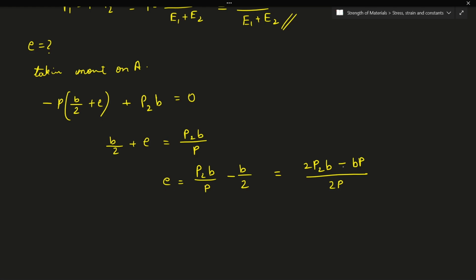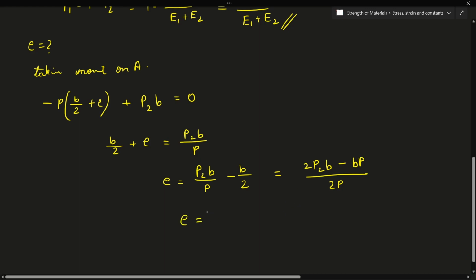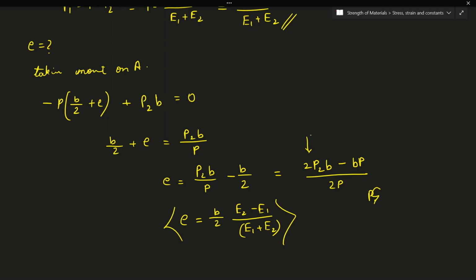Now if I simplify this again, I'll substitute the value of P2 from this equation. I'll be skipping all the simplification steps. Finally the answer that I'll be getting is B by 2 into E2 minus E1 divided by E1 plus E2. Right, so we simply have to put the value of P2 in this particular equation and solve. Okay, so let me move on to the next question.